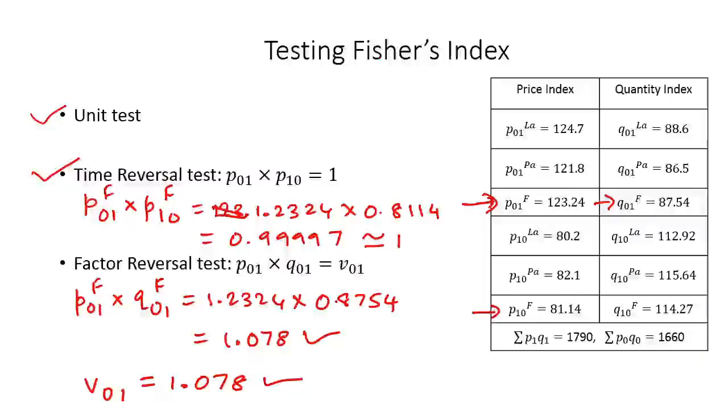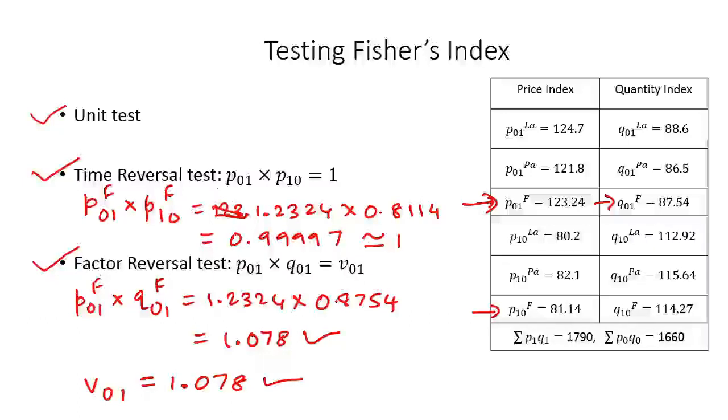So Fisher's index number is the one which satisfies all the tests, in particular the factor reversal test. Laspeyres and Paasches index numbers satisfy the time reversal test, but they fail to satisfy the factor reversal test. Fisher's index number is the only one which satisfies all the tests required for adequacy of an index number.